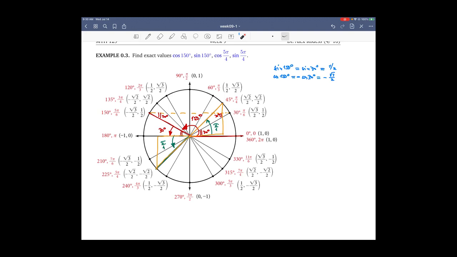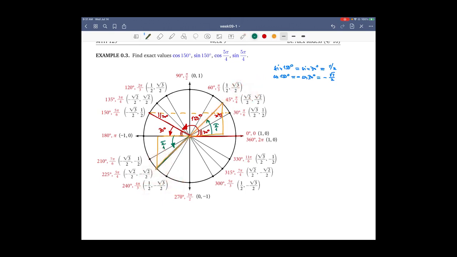So therefore, this distance equals this distance, and this distance equals this distance, and therefore this point is symmetric about the origin to that point. In other words, if the coordinates of this point are x and y, the coordinates of this point are negative x, negative y. But the coordinates of this point is exactly what we need.